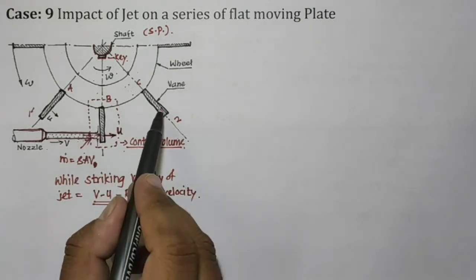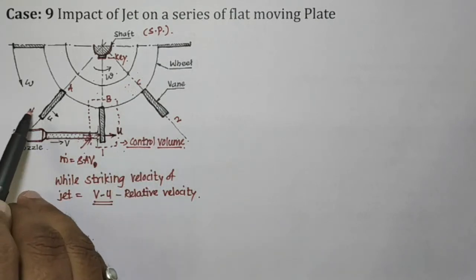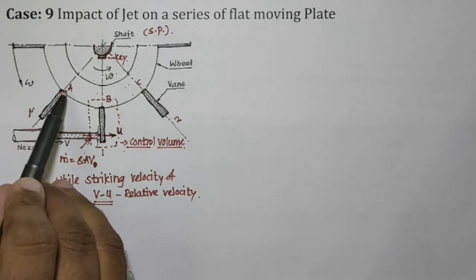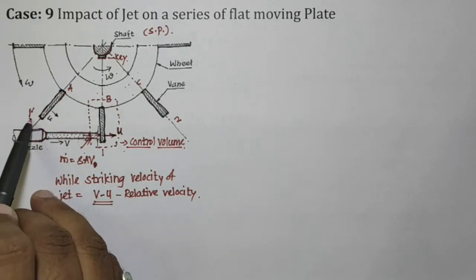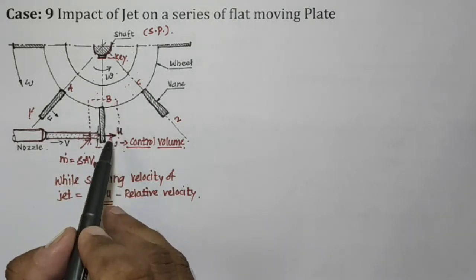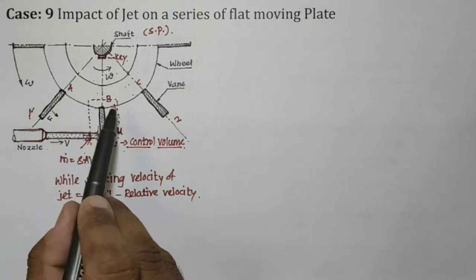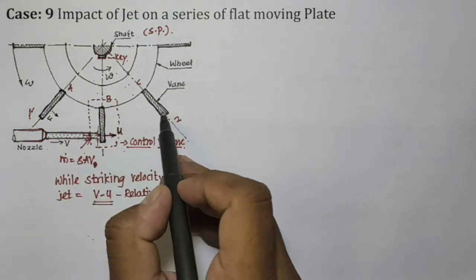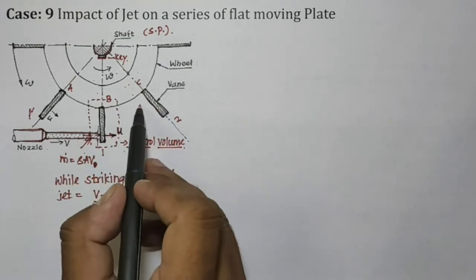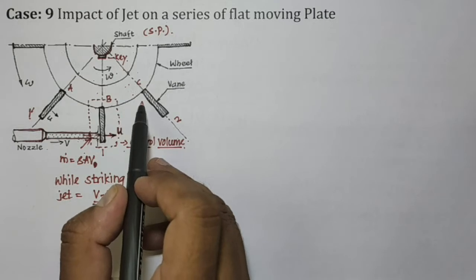Now this plate is displaced from this location one to this location two, and another plate replaces it from location 1 dash to 1. So this control volume where energy transmission is occurring remains at the same location, because as the plate moves from this location to this location, there is no influence of the water jet on that plate, and no energy transmission will occur.